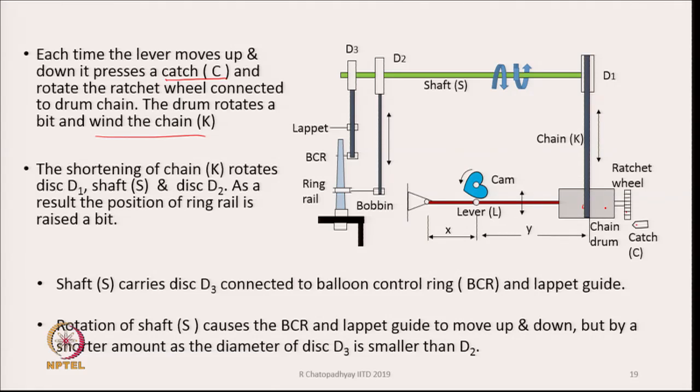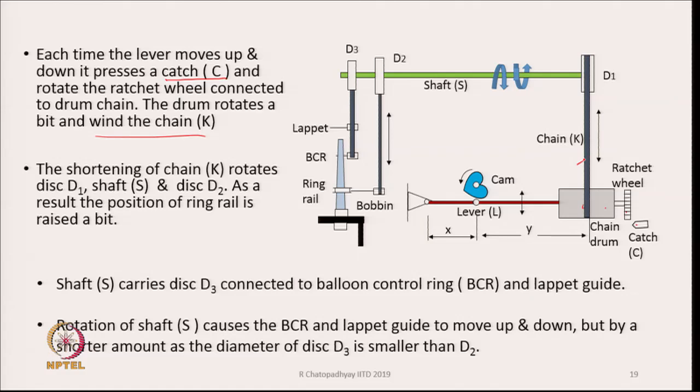For each time the lever comes down and moves up, the ratchet wheel will turn by 1/10 or 2/10 depending upon the setting, and hence chain K is going to be wound. If chain K is wound on this chain drum, what is the result? Shortening of the chain.